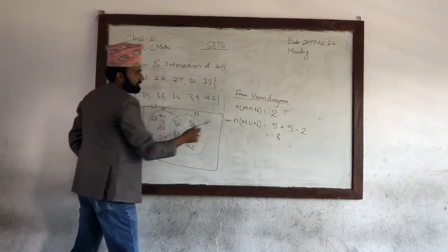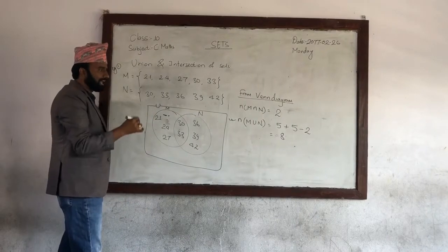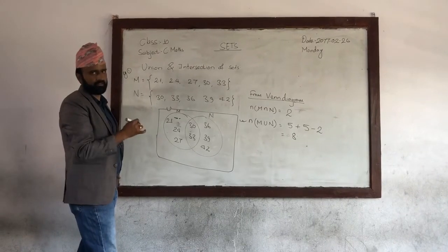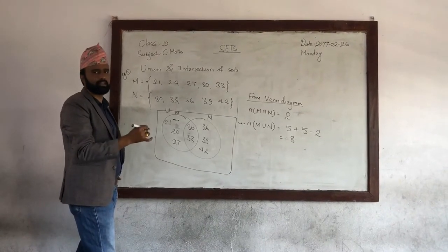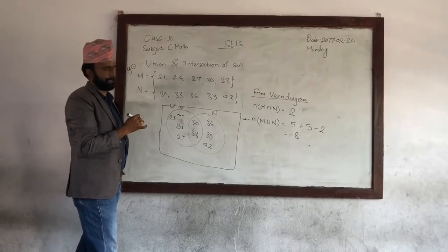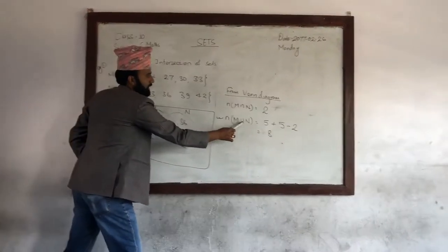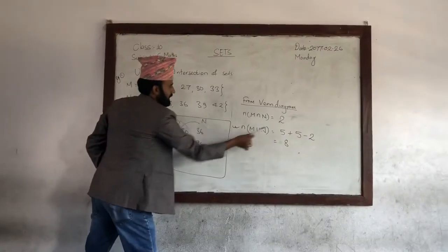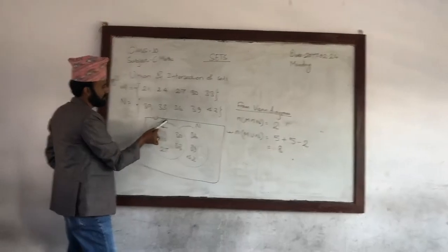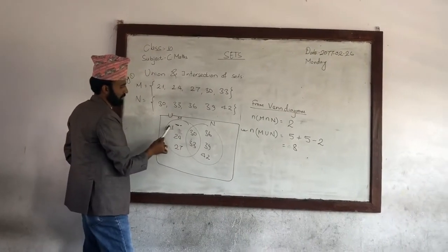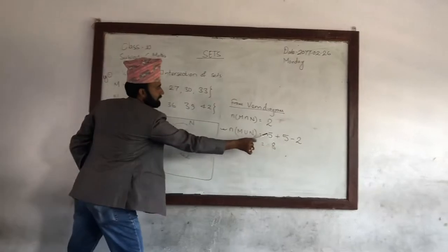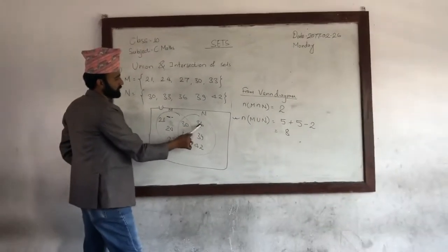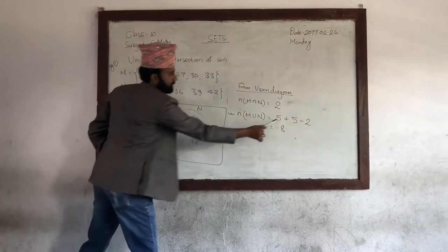M union N means all the elements contained in sets M and N, but we do not repeat the elements twice. The elements contained in M are 5: 1, 2, 3, 4, 5. Elements contained in N are 1, 2, 3, 4, 5. That is why 5.